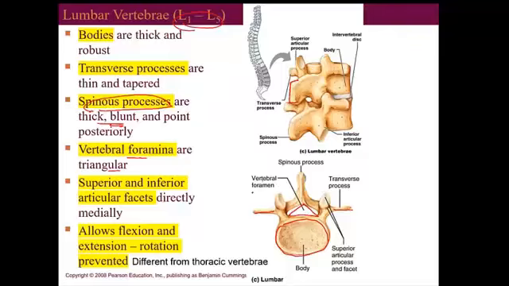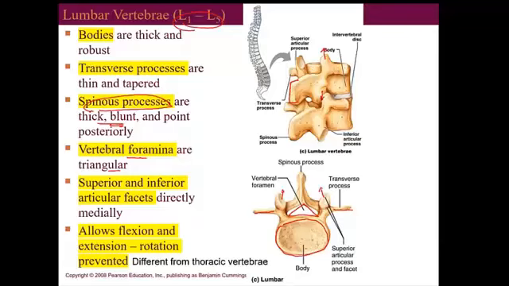And you have facets. We have the superior and inferior articular facets. They're the ones that articulate with the subsequent vertebrae. The superior articular process will articulate with the vertebra on top of it, and the inferior articular facet will articulate with the vertebra below it.